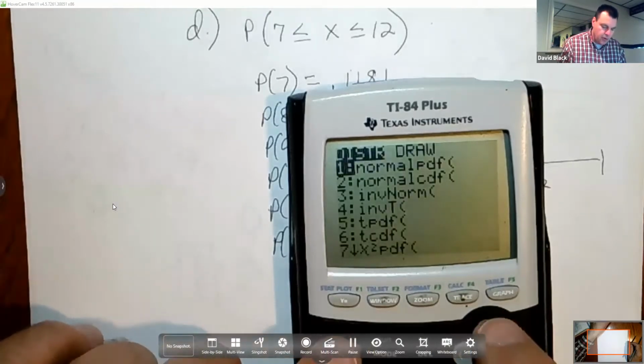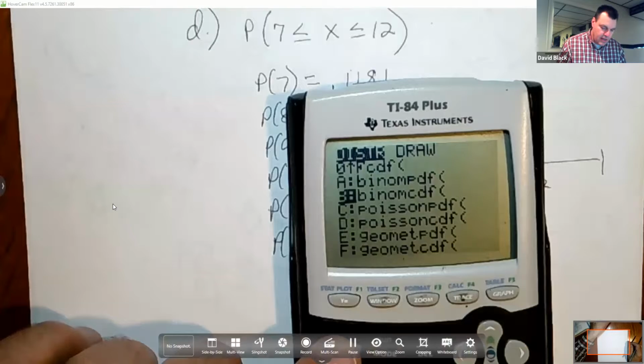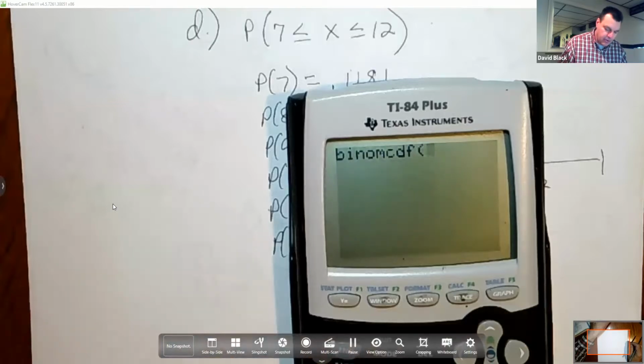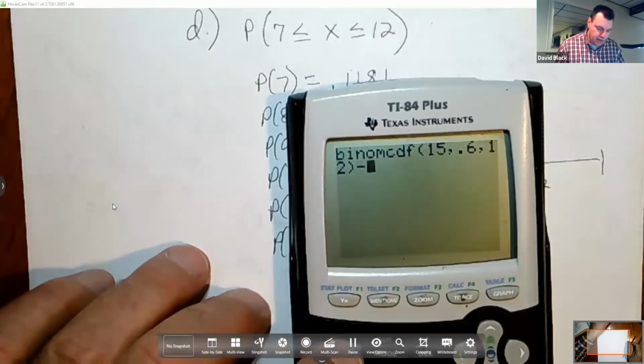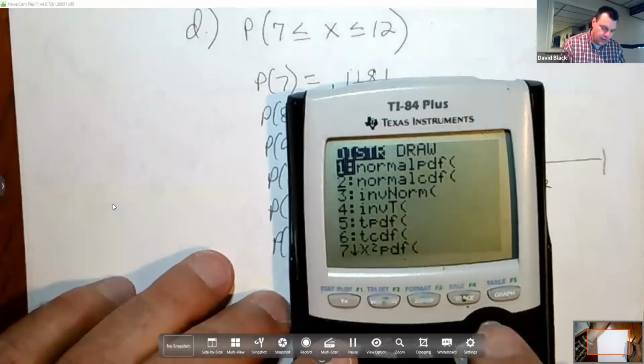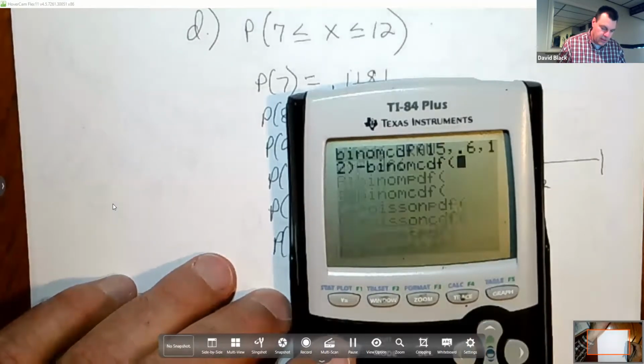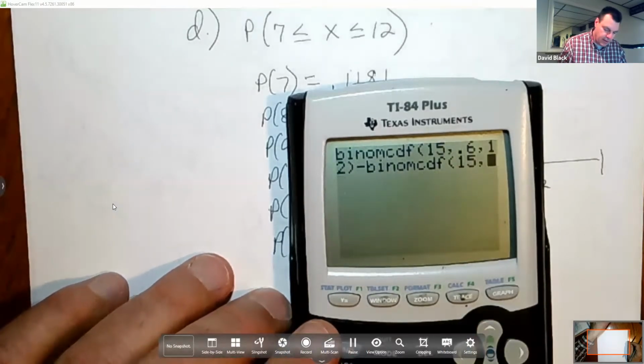You could do binomial CDF. We could add up all the way through 12: 15, comma, 0.6, comma, 12. So that's going to give me 0 through 12. And then I'll subtract out from 0 through 6 by going binomial CDF 15, comma, 0.6, comma, 6.